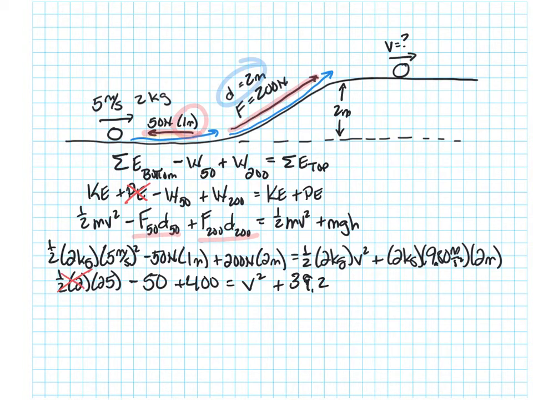So now I've got 25 minus 50. 25 minus 50 is negative 25, plus 400. So that's going to be 375, which is equal to v squared plus 39.2. So v is equal to the square root of 375 plus 39.2.